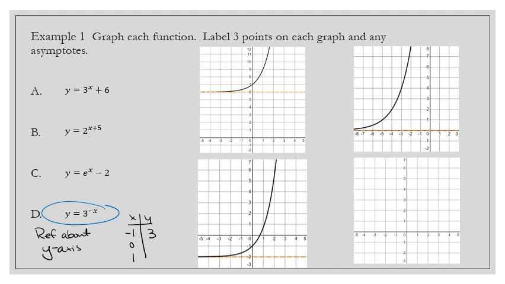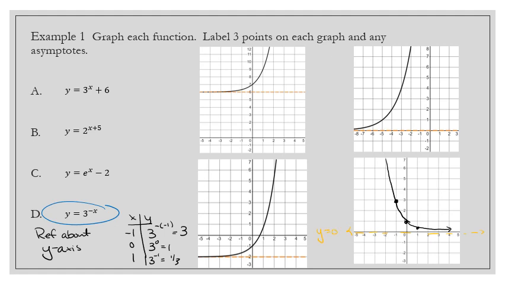If x is -1, we would have the opposite of -1, so that would be 3 to the 1st power, which is 3. The opposite of 0 is still 0, so 3 to the 0 is 1. And if x is 1, we have 3 to the -1st power, which is 1/3. So we have -1, 3; 0, 1; and 1, 1/3. Notice that now we have exponential decay. The horizontal asymptote is still the line y equals 0.